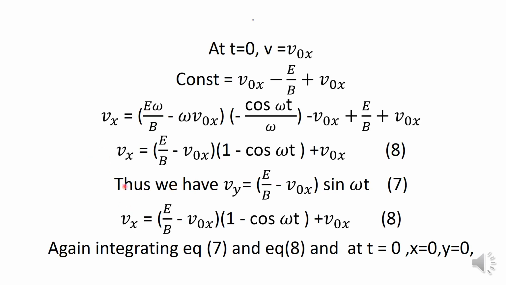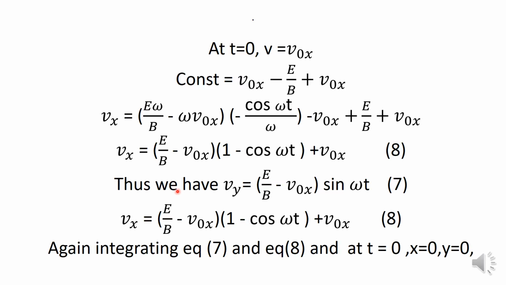These three components are vx = (E/B − v0x)(1 − cos ωt) + v0x, vy = (E/B − v0x) sin ωt, and vz = constant. These are the three components of the velocity.